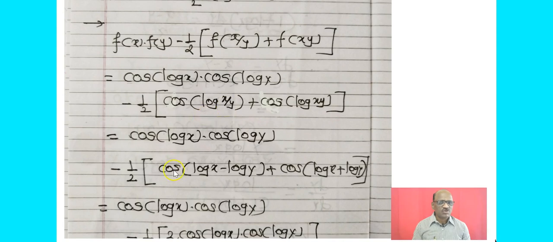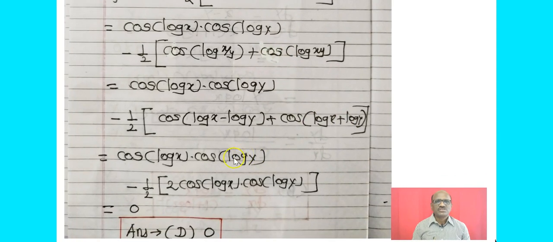It can be written as cos of (log x minus log y) plus cos of (log x plus log y). After simplification, you will get cos of log x into cos of log y minus 1 upon 2, and this is cos of (a minus b) plus cos of (a plus b).